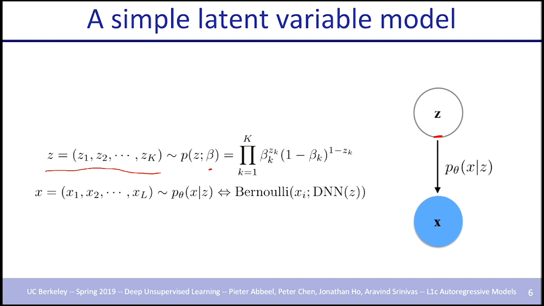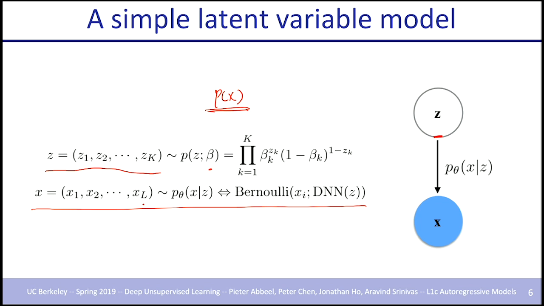And then the observation space is also binary random variables, and there are L of them. Here I don't specify the distribution of P of X, so this is implicitly defined.